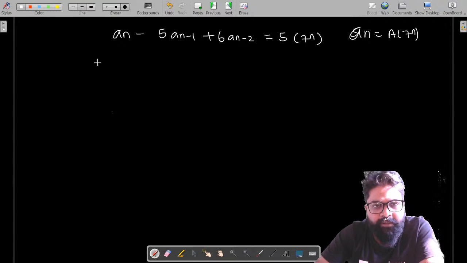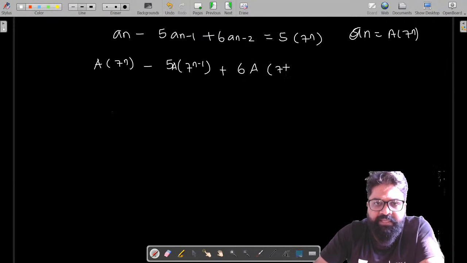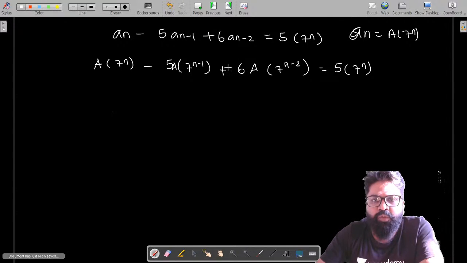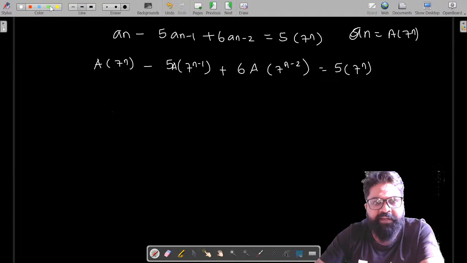Try to substitute here. So a, this will become 7 raised to n minus 5 and then 7 raised to n minus 1, and then here also you will get a, 6a and then 7 of n minus 2, and then you will be getting 5 of 7 raised to n. So how can you find out the value of a?